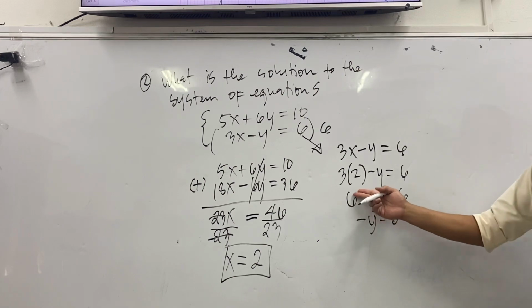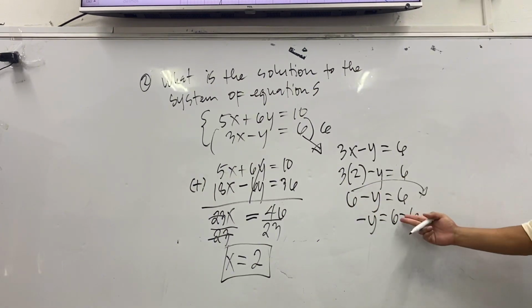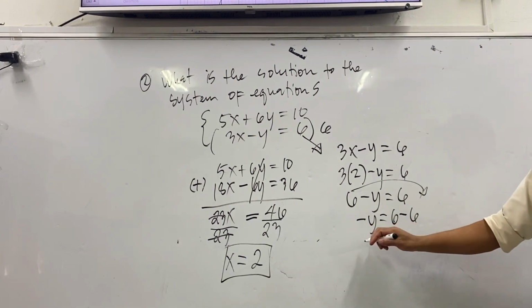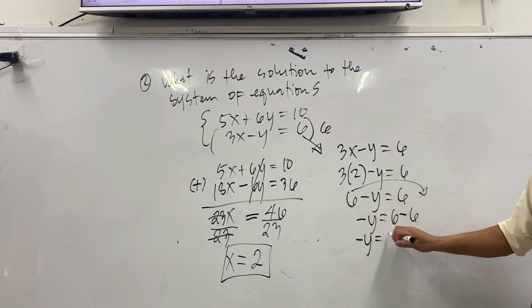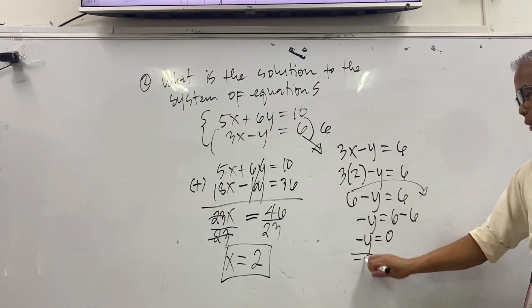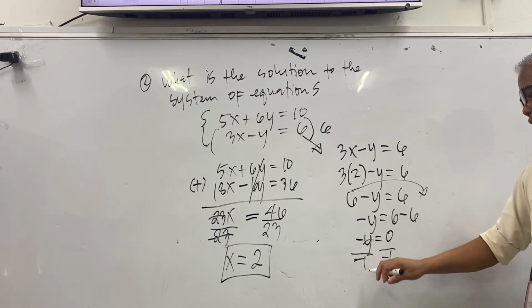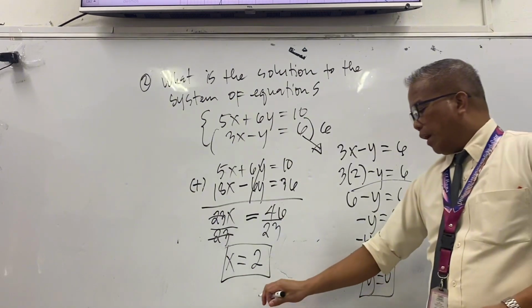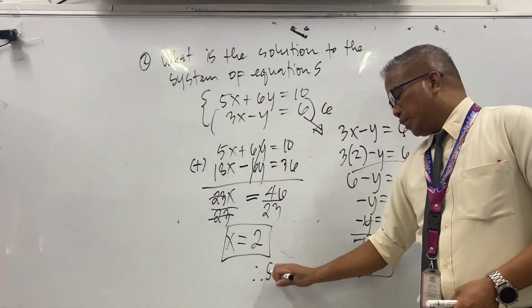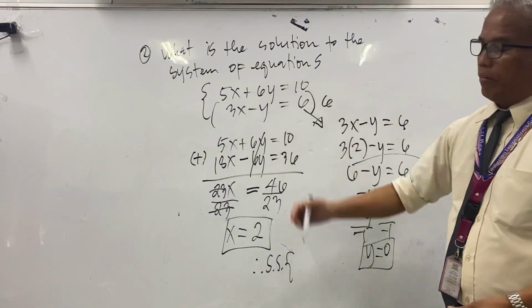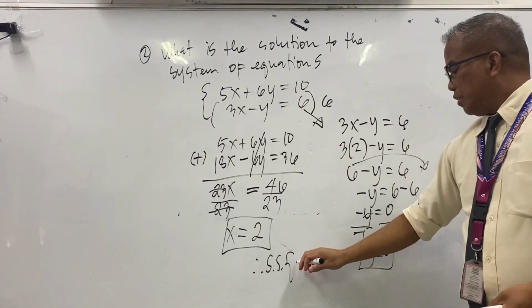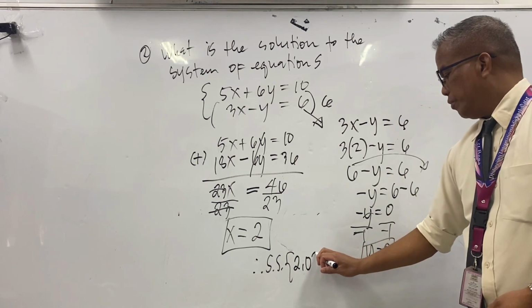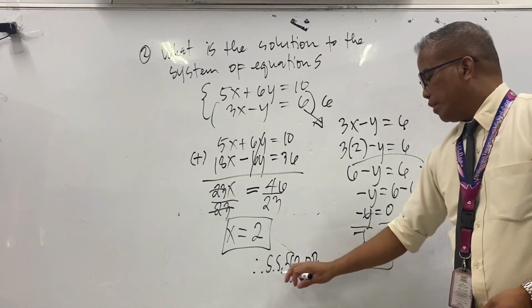I just transpose 6 here and change the sign, so it becomes minus. Then negative y equals 0. Divide by negative 1 on both sides. So y equals 0. Therefore, the solution set of these linear equations is (2, 0). So this is now the solution set.